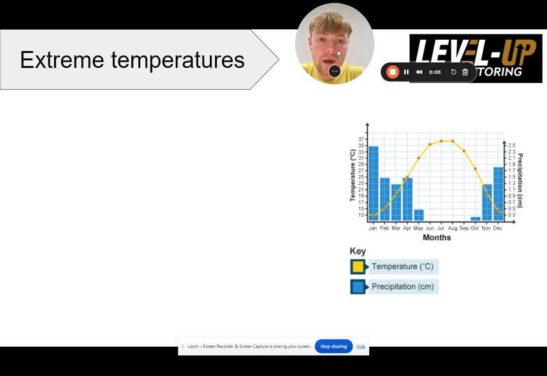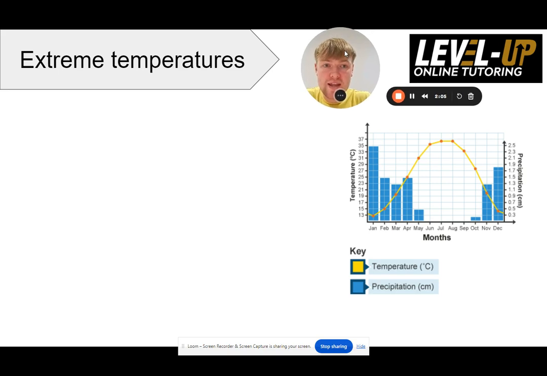First and foremost, the first key challenge is extreme temperatures. You can see a climate graph on the right. A couple of key things are causing the extreme temperatures, and you'll also see how some of these challenges feed into one another. Extreme temperatures are caused by the fact that generally all year round, or the majority of the year, temperatures are very, very high and precipitation levels are incredibly low.